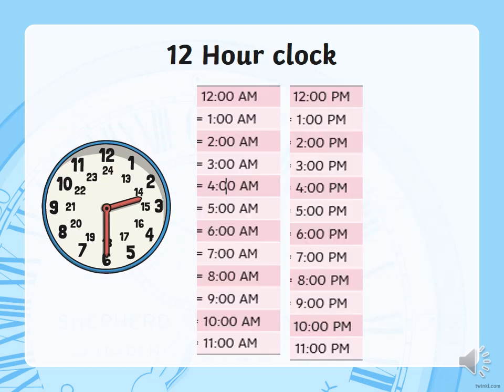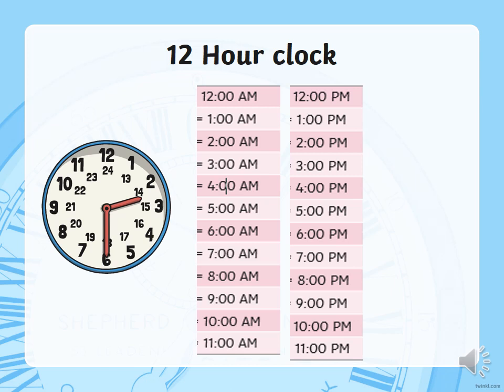Okay, so let's have a look at the 12-hour clock. This is the clock that we usually have in our classrooms, and we start off at midnight when you usually sleep, and that's referred to as 12 AM.